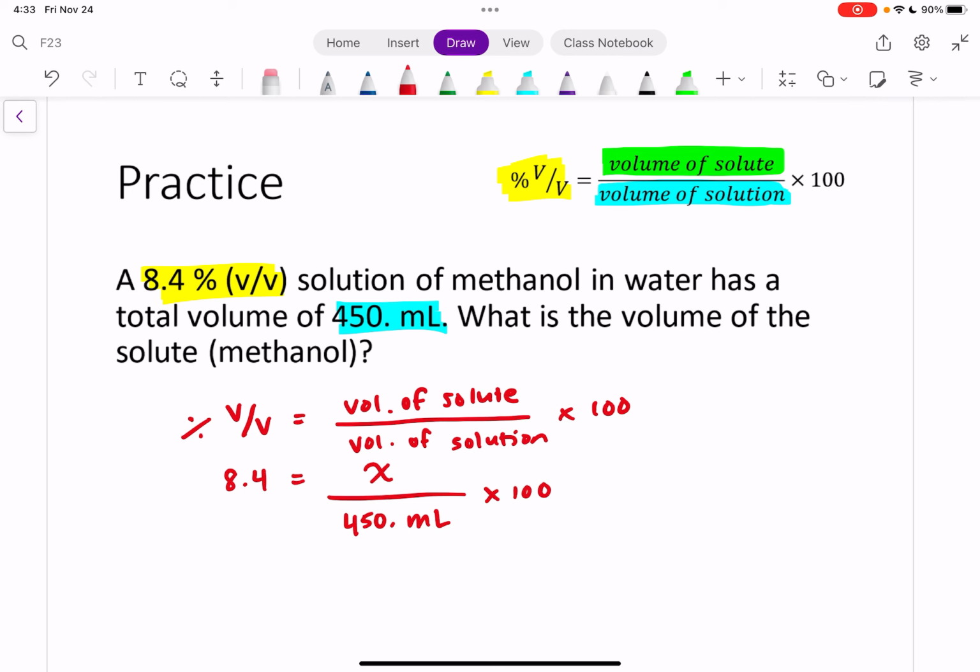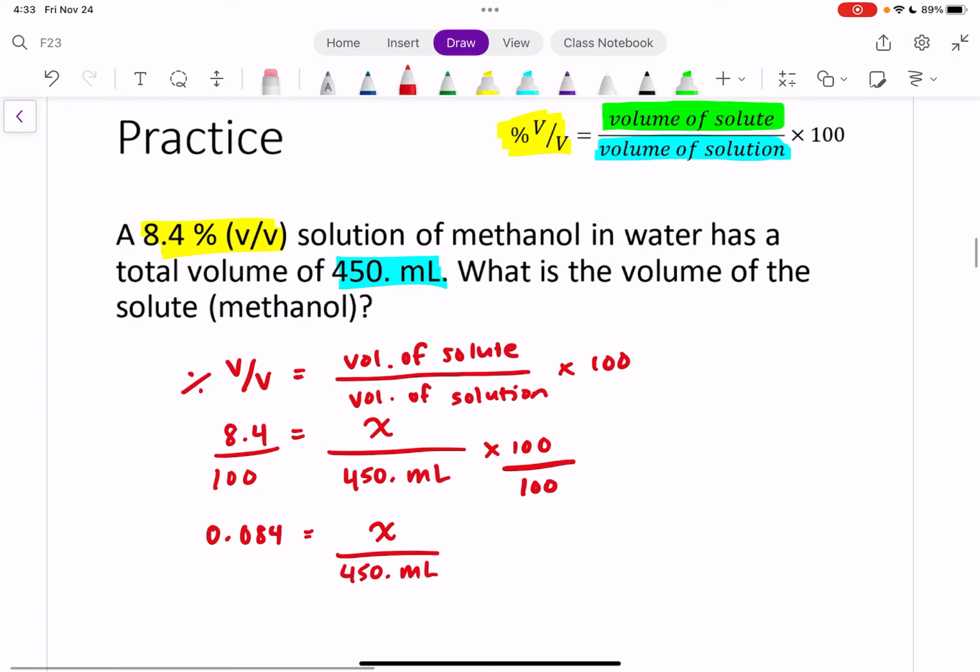Let's get rid of that multiply by 100 part, because we want to get X alone. In order to do that, we divide both sides by 100. That's going to put that percentage back into a decimal. So 8.4 divided by 100 is 0.084, and that equals X over 450 milliliters.